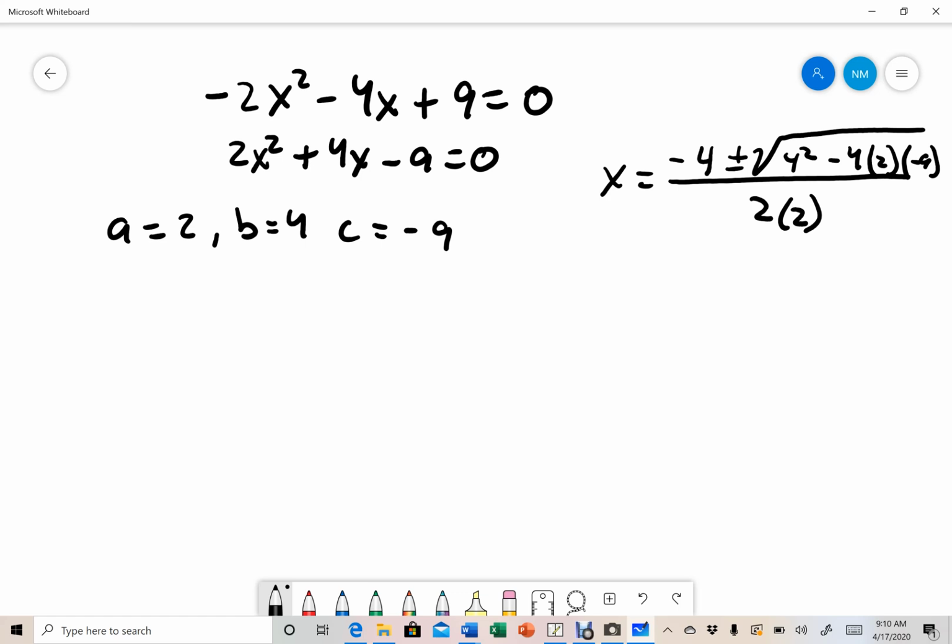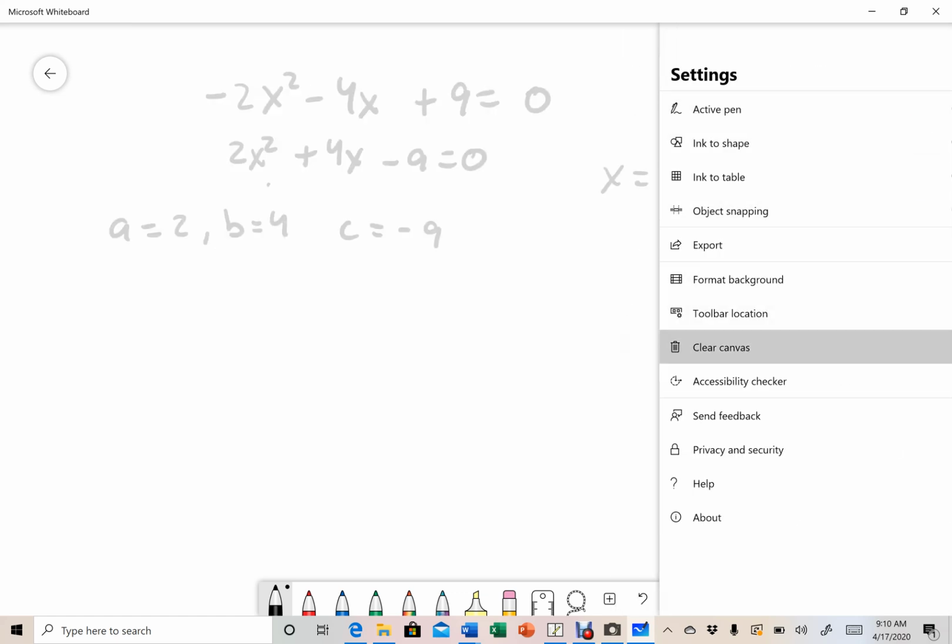We will come across some of these where we'll have to first change our a to a positive number. In that case, really, guys, if I change this sign, they all change. That's just the process of multiplying by negative 1 to obtain a positive. So here's how we find our values so that we can plug them into the quadratic equation.